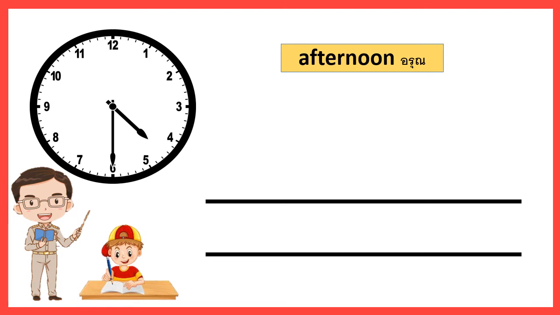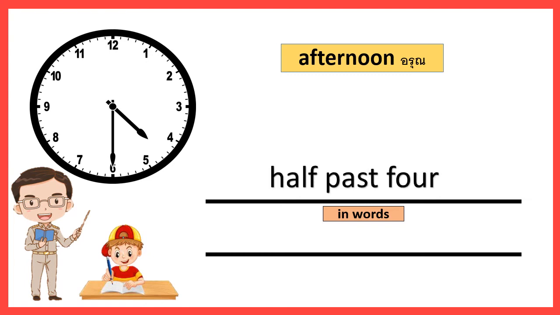Now all we need to do is to answer the words first. So obviously, it is 4:30. That's correct. It's 4:30. Now this time, let's answer the 12-hour clock. Now please take a look at the clock.